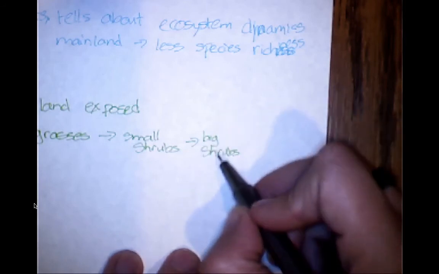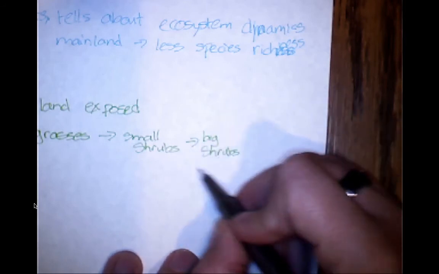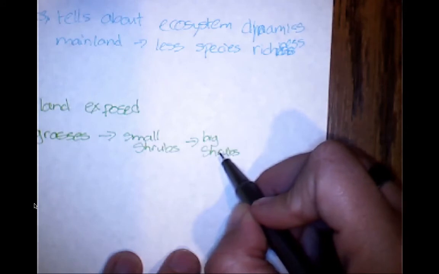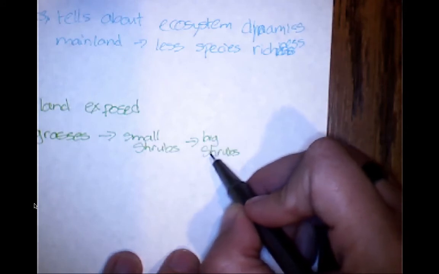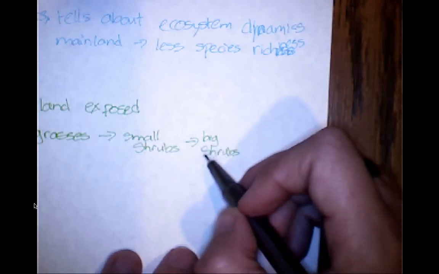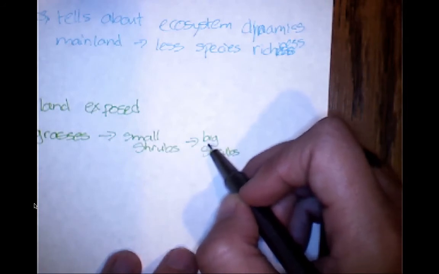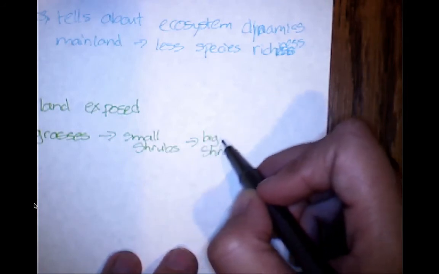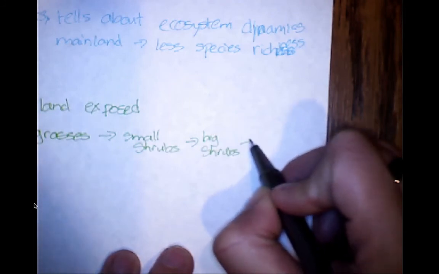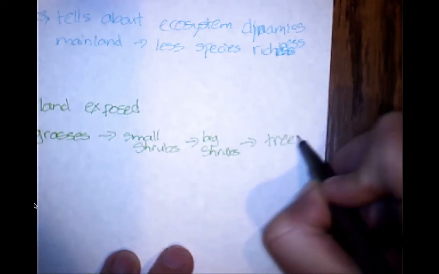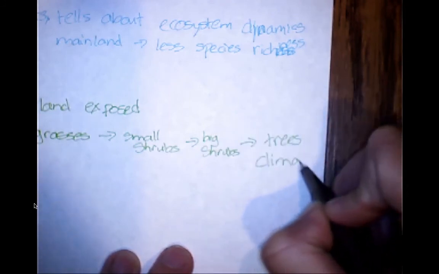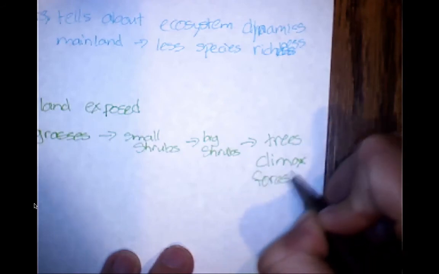And as you start to get shrubs, more water is staying around because there's soil and the roots help hold in the water, and you're starting to see shade, so you're starting to see a little bit of climate changes. And then eventually you get trees, and then it reaches what's called the climax forest. This is after it's been around for a few years.